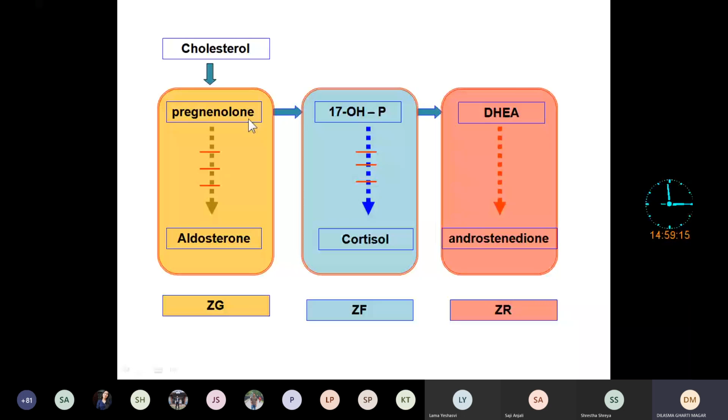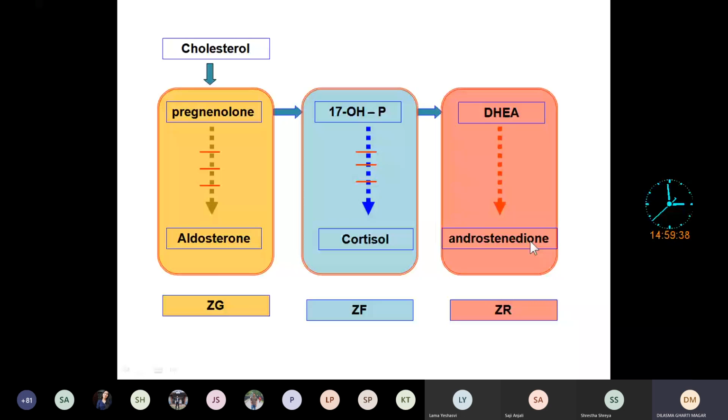So definitely the aldosterone level will be reduced, and then again this 17-hydroxyprogesterone cannot be converted into the cortisol. So that's why it will lead to the decreased level of the cortisol. But this dehydroepiandrosterone will be converted into the androstenedione. So that's why this level will be increased.